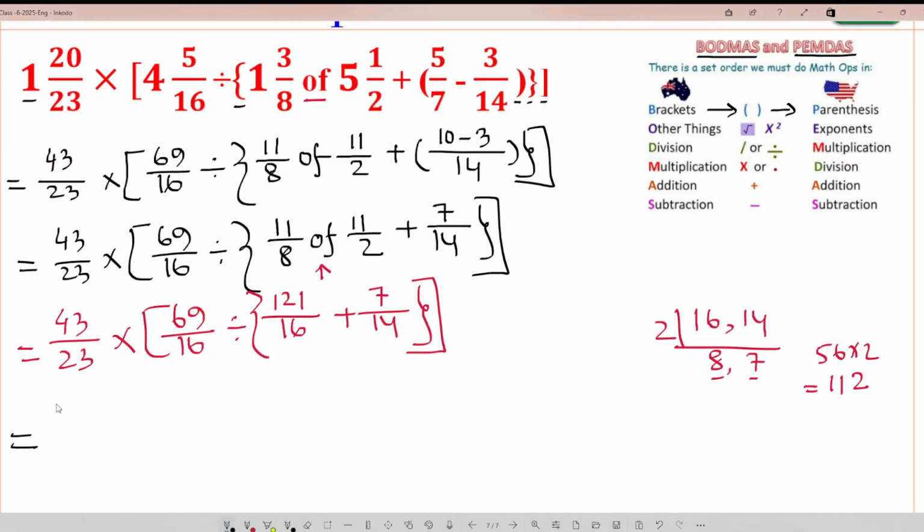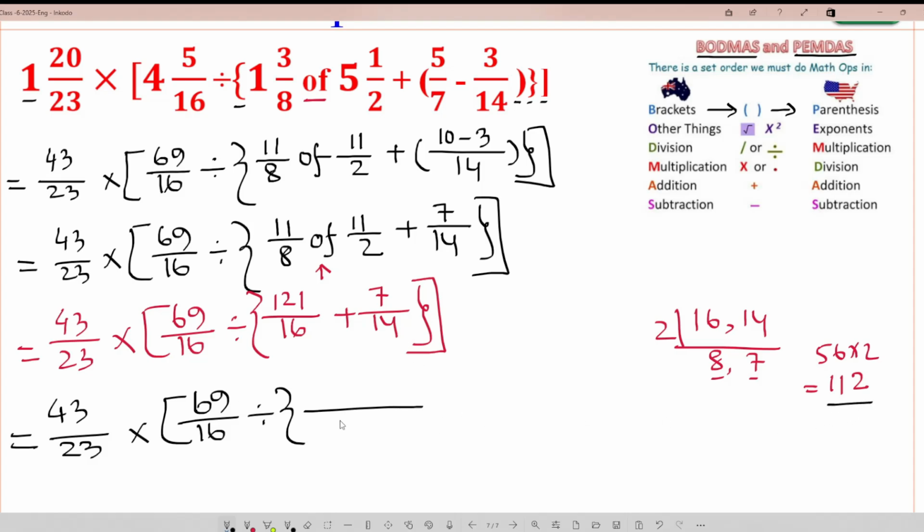So now 43/23 times third bracket 69/16 divide inside the bracket, look, 16 and 14, the LCM is 112, right? 112 divided by 16 means 7. 7 times 121 will be 847, right?